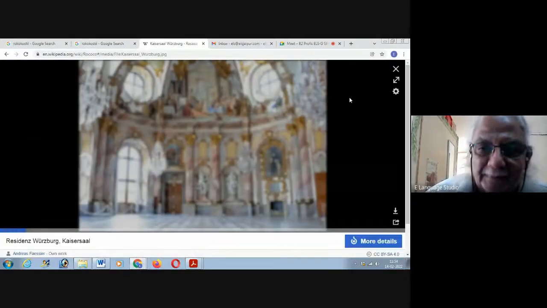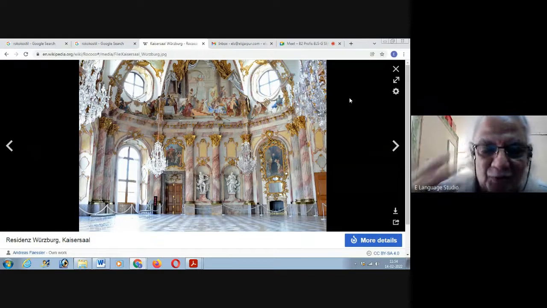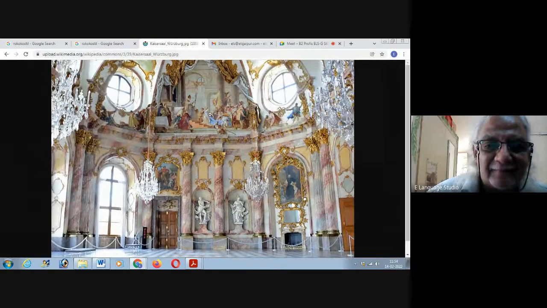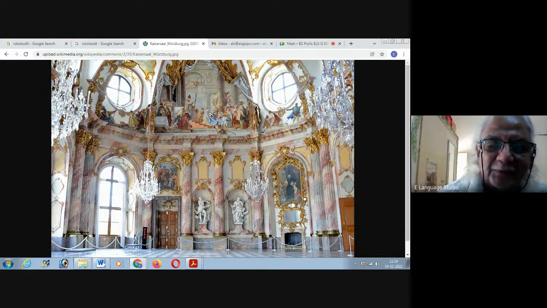So here, this style of architecture is called Rococo. What is so striking here? What is it that is very striking?